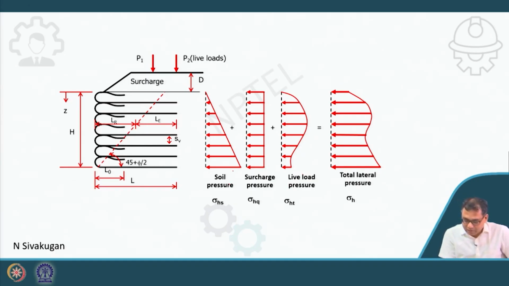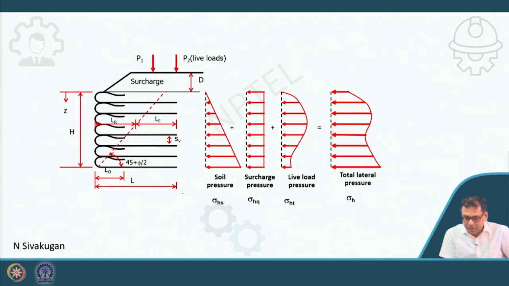Sometimes this surcharge pressure can be the dead load surcharge pressure and equivalent live load surcharge pressure. Or you can provide the wheel load or the point load as a line load, and these are the distributions.